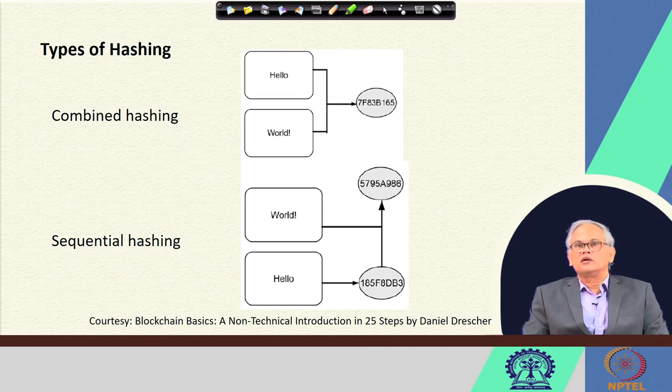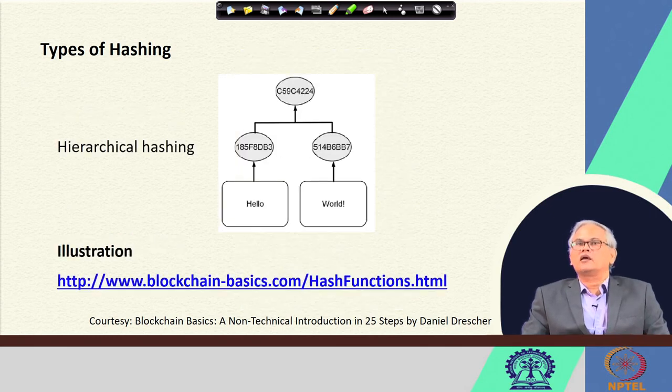So, that is what you need to try out, and of course, you can also think about whether there are other ways of combining them. Also, as you can see, we considered only 2 different components of a message for showing these examples. Suppose there are 3: you can have a mix and match of combined hashing, sequential hashing and hierarchical hashing for those 3 or more messages when they are taken together for hashing.